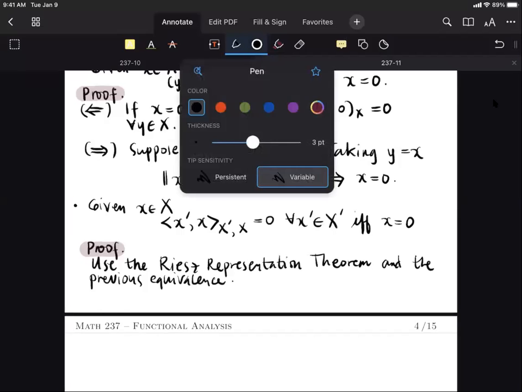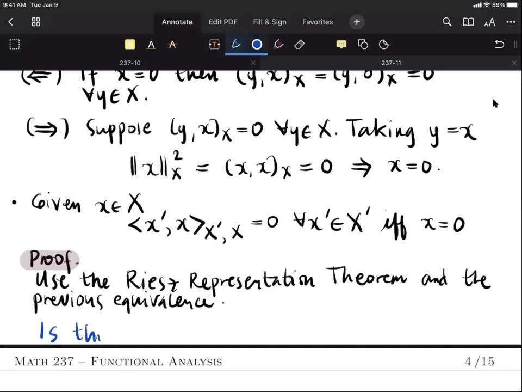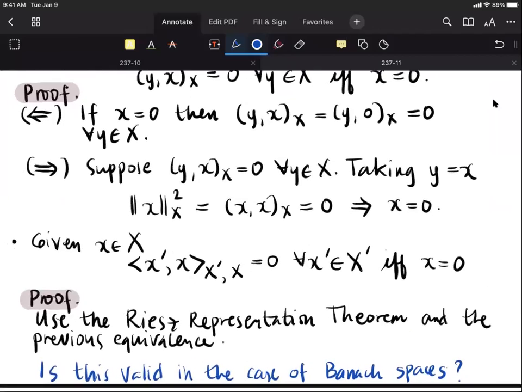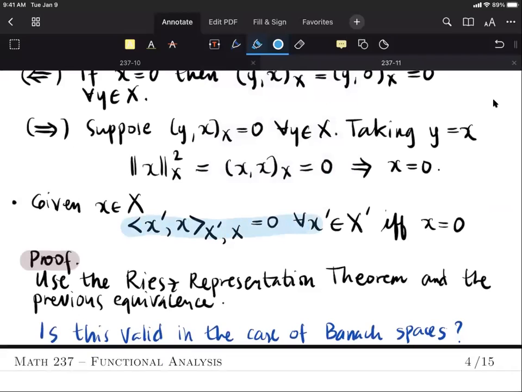Now, our question here is, is this valid in the case of Banach spaces? So if X is only a Banach space, can we say that this statement is also true when X is a Banach space?